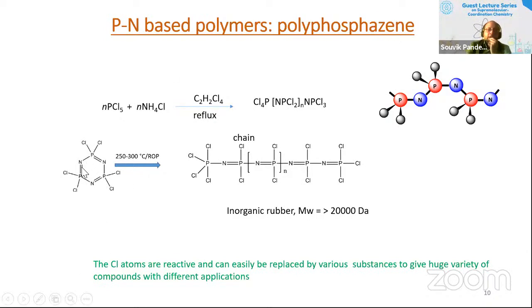We have a cyclic NPCl2 type of ring. It may be a 6-membered or 8-membered ring, and if we heat it to around 250 to 300 degrees centigrade, this ring gets opened, and as it opens, we get this chain.